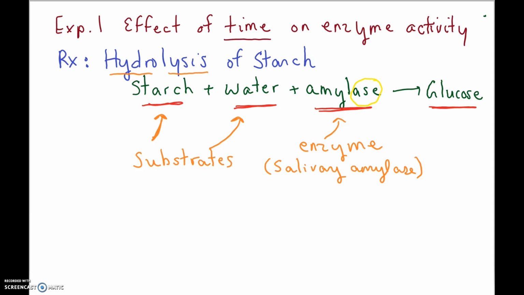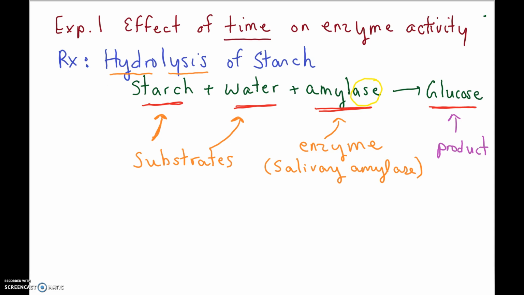Okay, and what we're going to split the starch into, ultimately, it's going to be split into glucose. So that would make glucose our what? That would make glucose our product, right? So we have our substrates identified, our enzyme identified, and our product identified. So that's the reaction that we're going to watch.